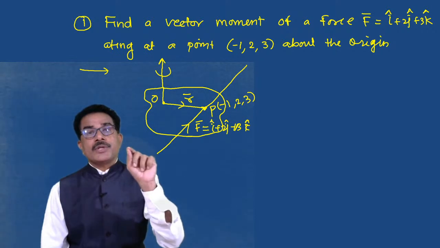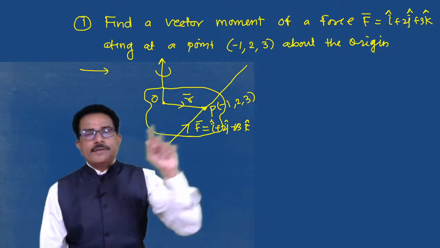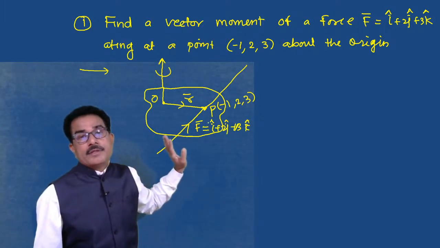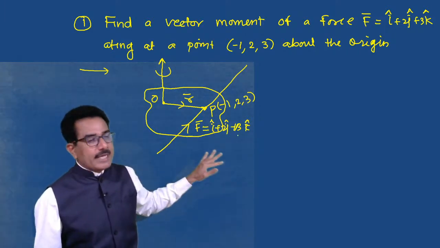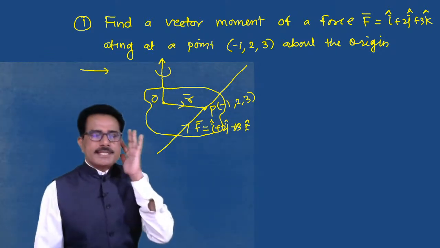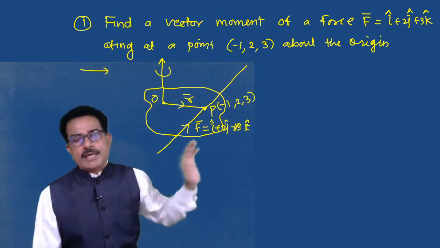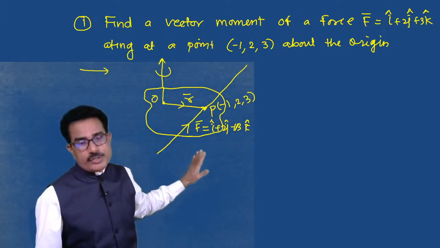Therefore, you must put a cap on these vectors. Whether we read it or not, you must write i cap, j cap and k cap with i, j, k.